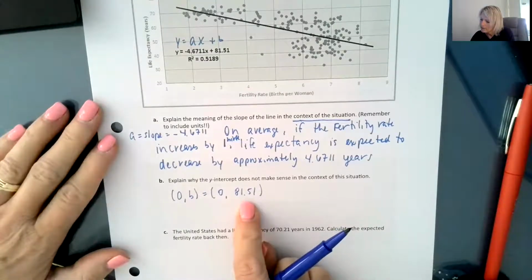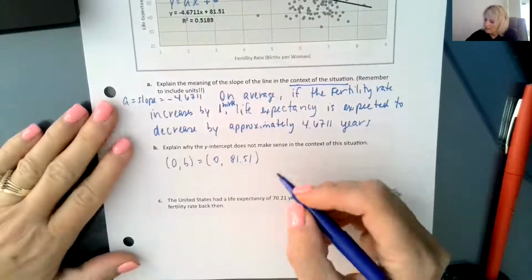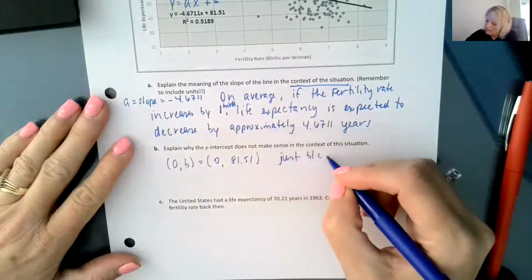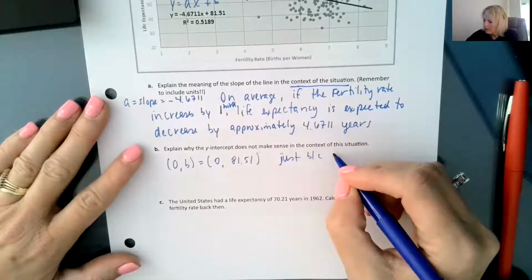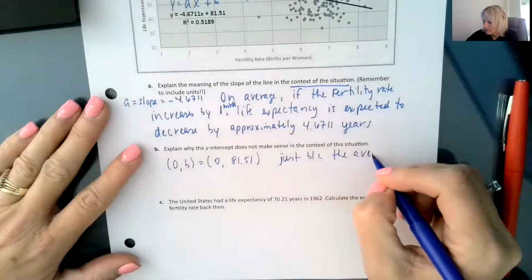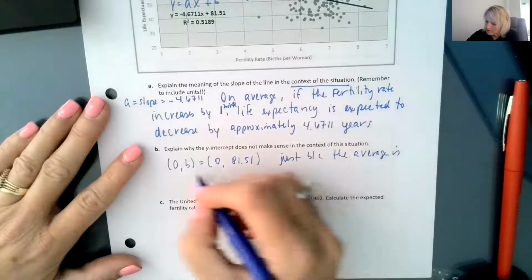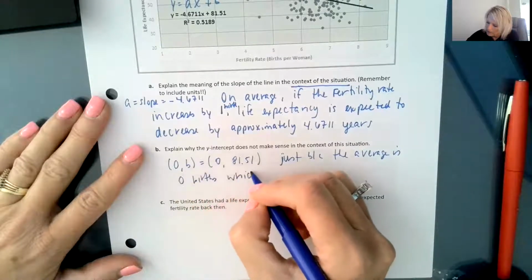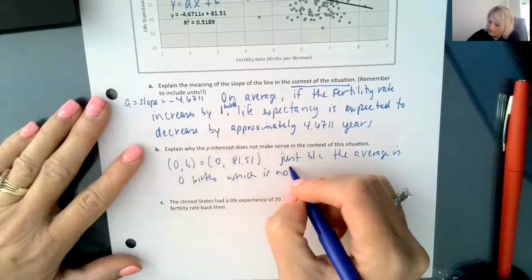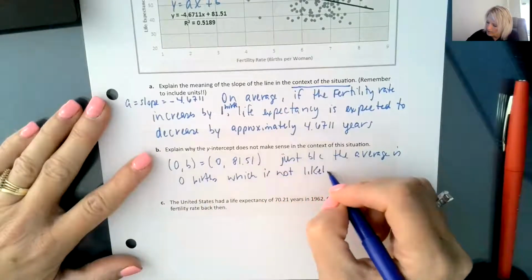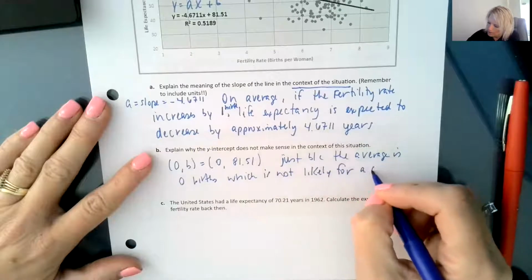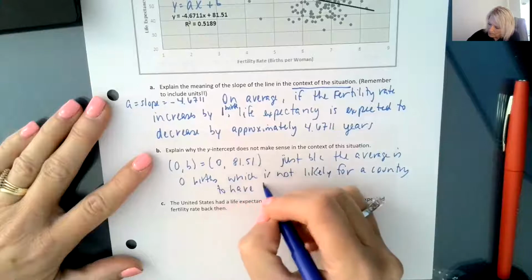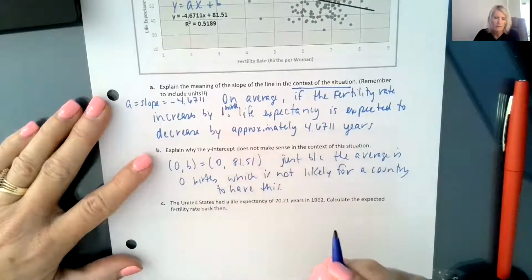That seems interesting. Just because the average is 0 births is not likely for a country to have this, right?